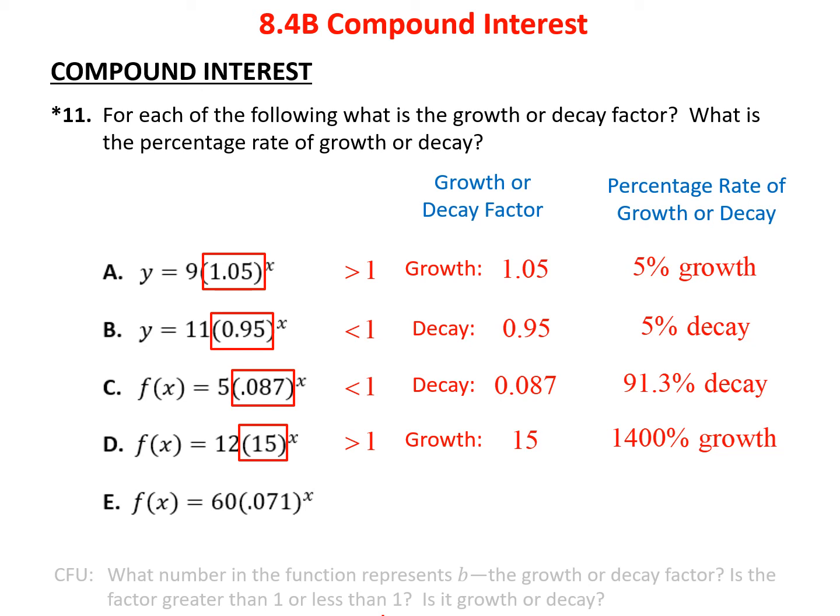Kind of hard to see that maybe, but you think 15 minus 1 is 14, and in terms of growth, that's 1,400%. The next one, E, our growth factor is less than 1, 71 hundredths, and so my decay rate, 1 minus 0.71, is going to be 29% decay. Again, quite a bit of decay there.